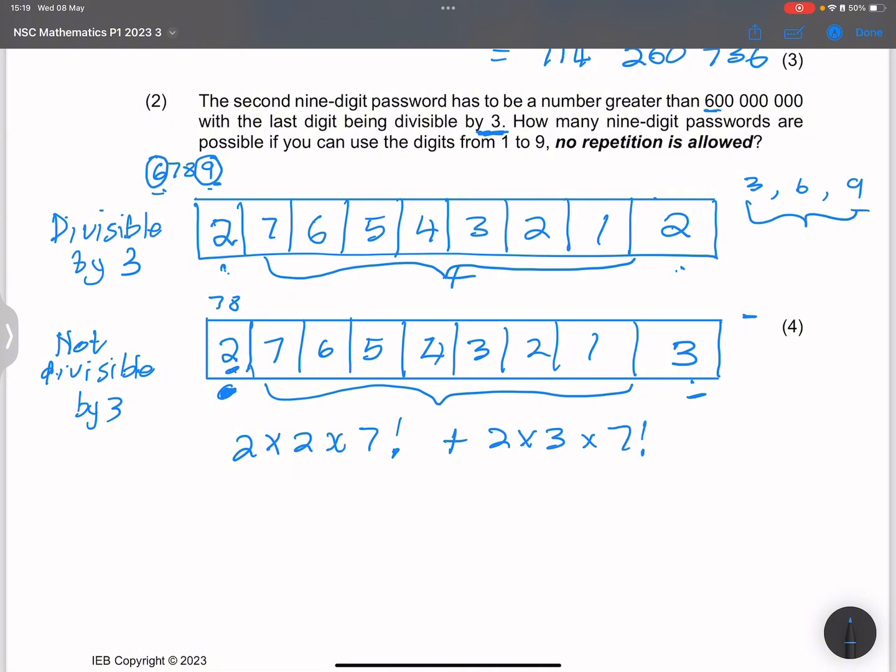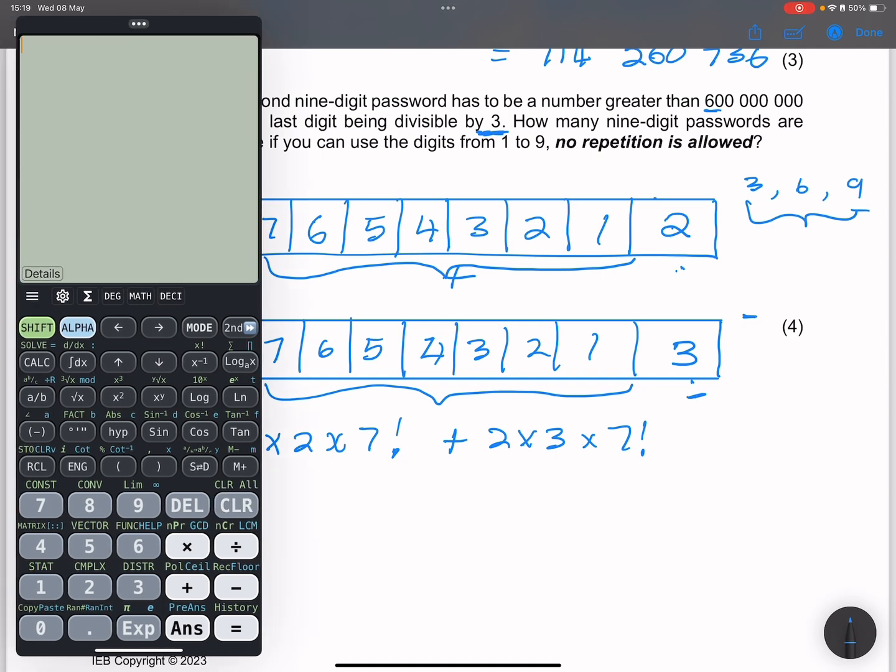All right, now let's see how many combinations we can make out of that. So we said 2 multiplied by 2 times 7 factorial, plus we've got 2 times 3 times 7 factorial. Okay, so actually I made a mistake there. I said 2 plus 3.